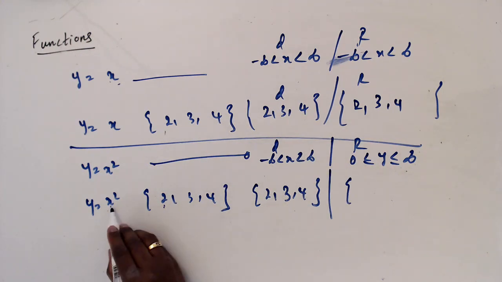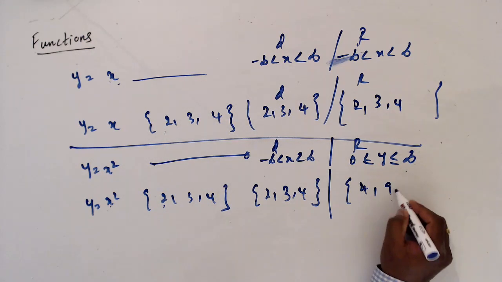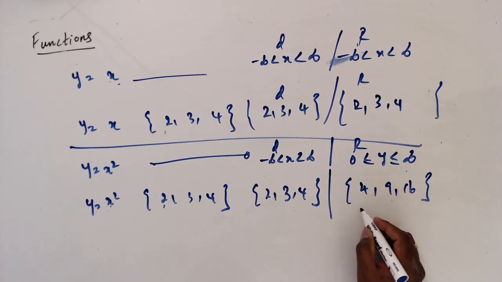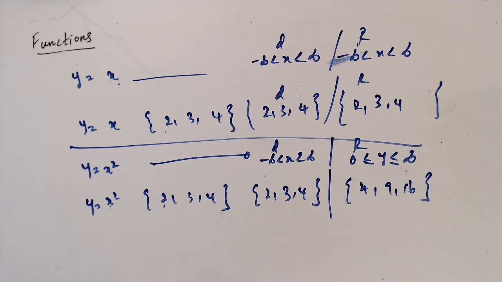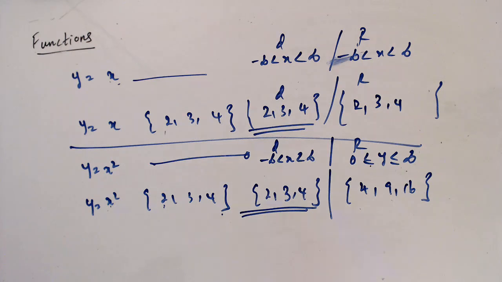When you put 2 into this machine, it will make 4. When you put 3, 3 square is 9. When you put 4, 4 square is 16. So now this is the range. What I want to emphasize is, if it's given like this, 2, 3, 4, don't write the full range. So this is called a restricted domain. The domain is restricted.